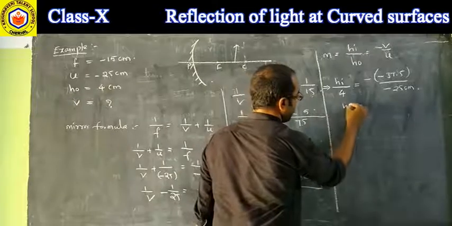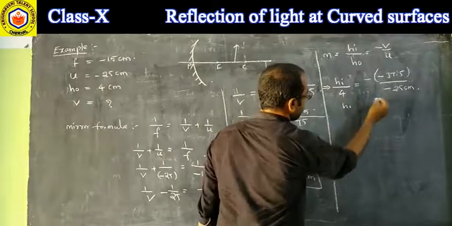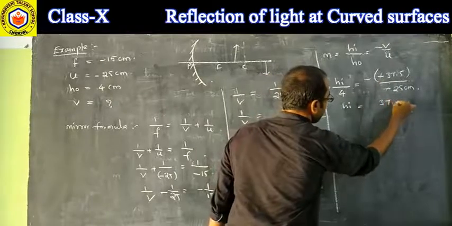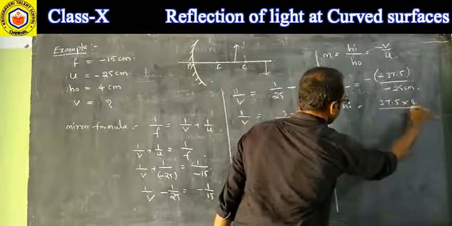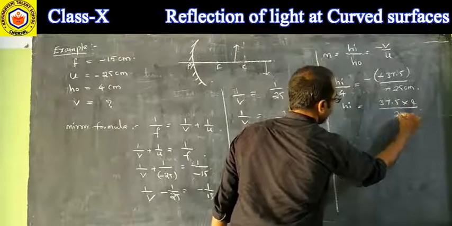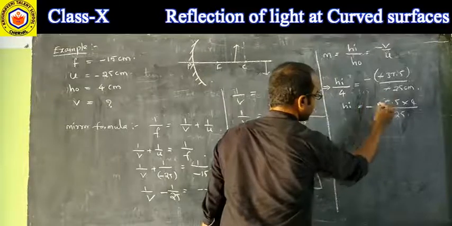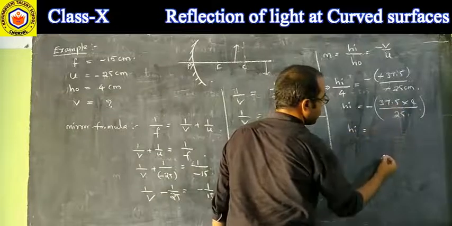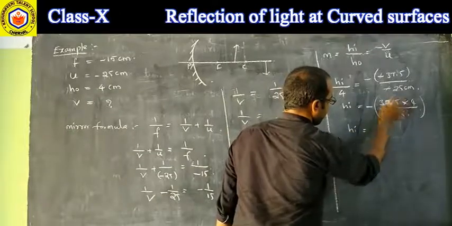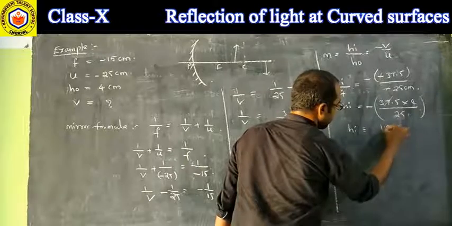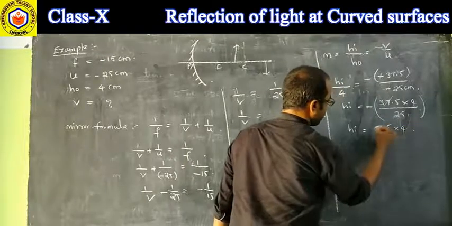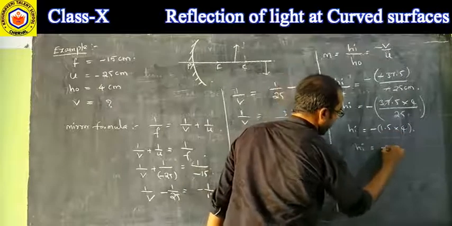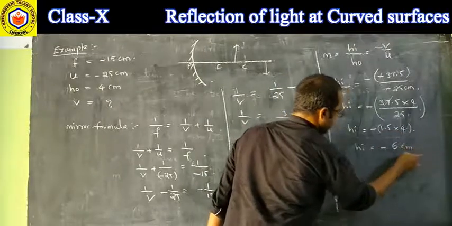So HI equals, the minus gets cancelled here, 37.5 into 4 by 25, with the minus staying. If we do this, we get 1.5 into 4, so HI equals minus 6 centimeters.